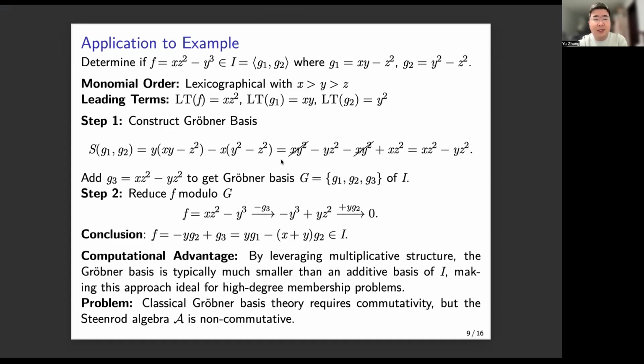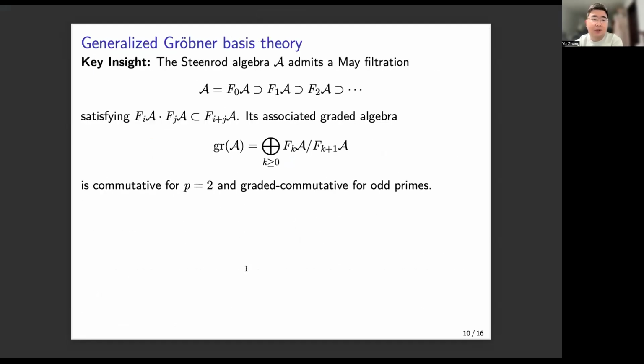For example, if we look at the process for constructing the Gröbner basis, we are actually using the fact that y times x is equal to x times y. But that is not true for the Steenrod algebra. However, it's still possible to generalize the Gröbner basis theory to A-modules.